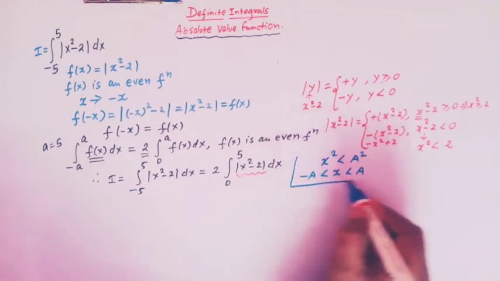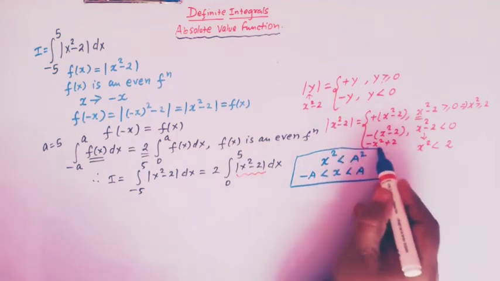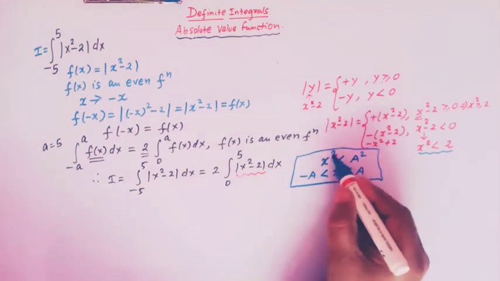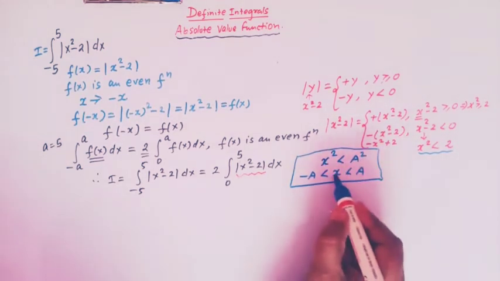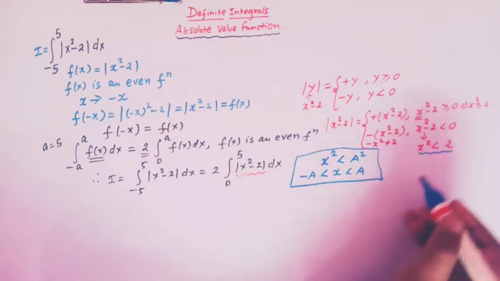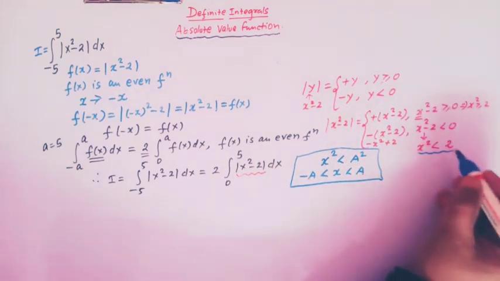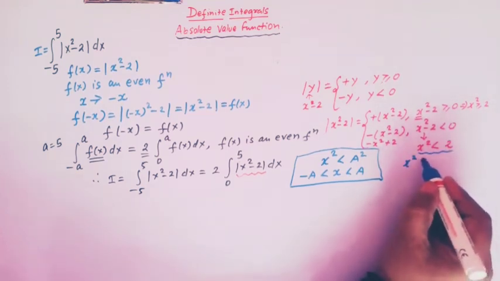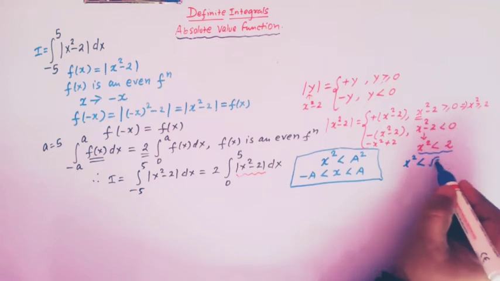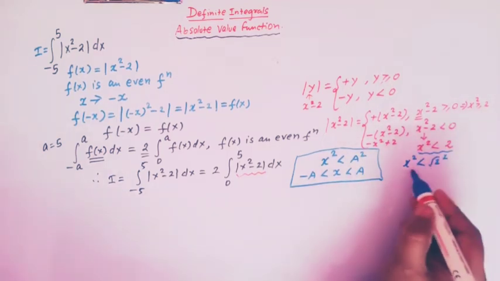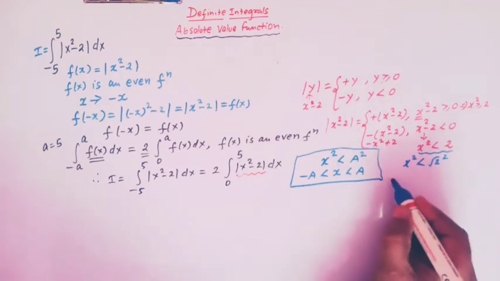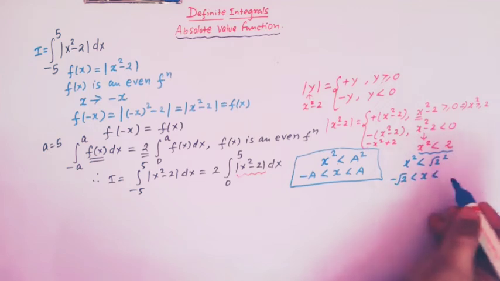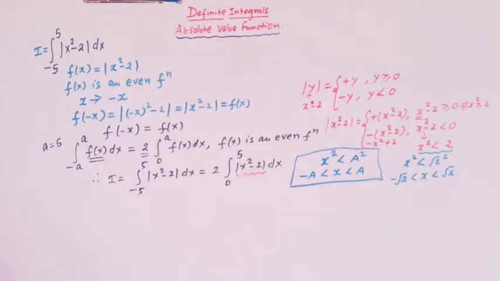This is an important inequality which will be used to solve this. Here for a we have square root of 2, so we can write x square is less than root 2 square. Applying this inequality, we have minus root 2 is less than x, and x is less than root 2.